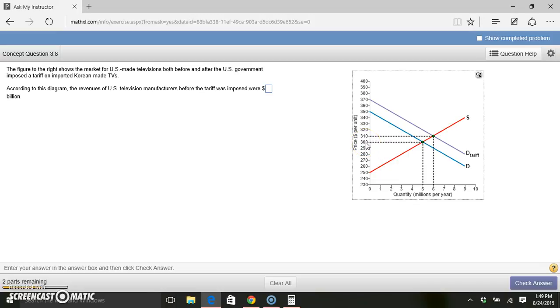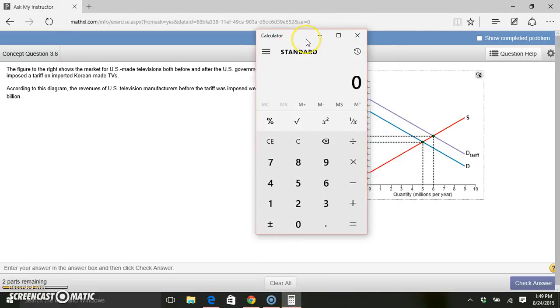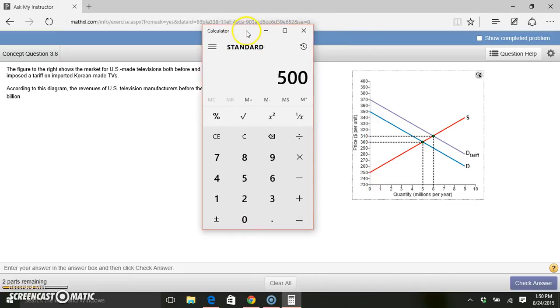So what they want to know is, all right, then how much money did they make? So if they made $300 for every TV and they sold 5 million TVs, I'm just going to pull up my calculator here and multiply.